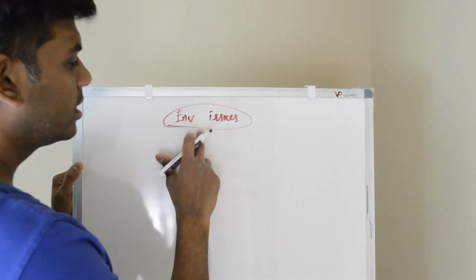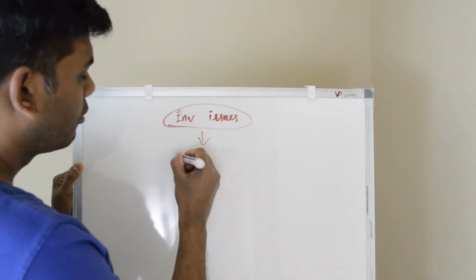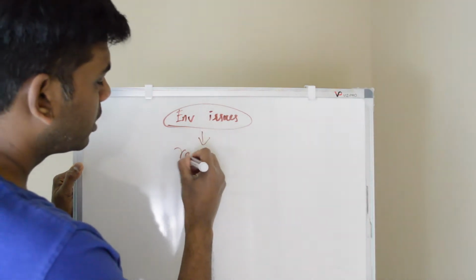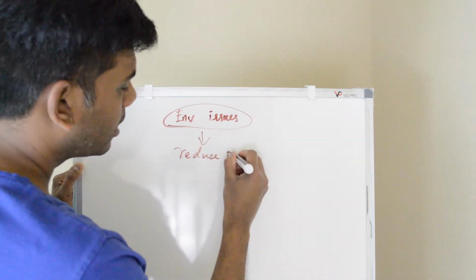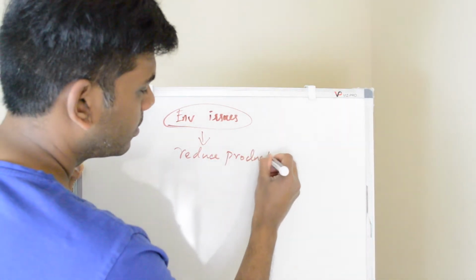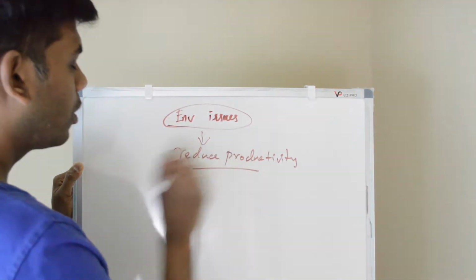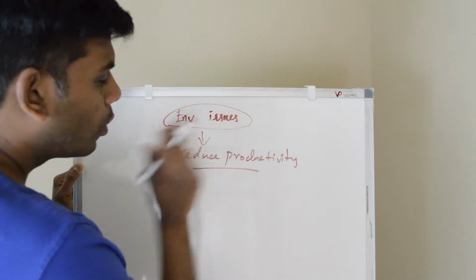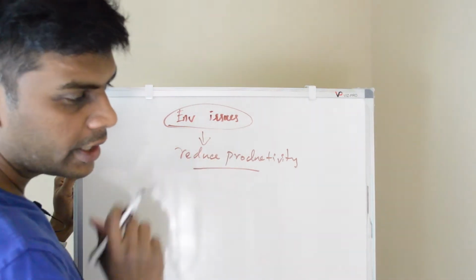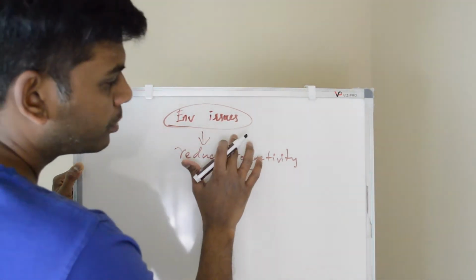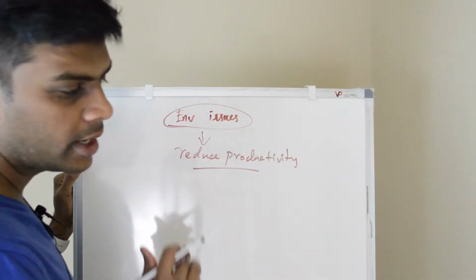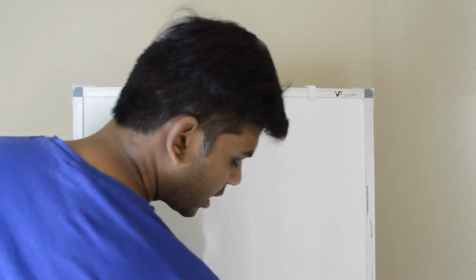This is the main reason for reduced productivity in companies. So now how Docker containers are basically solving this problem, that's what we're going to learn in this video. So let's jump straight into an example.